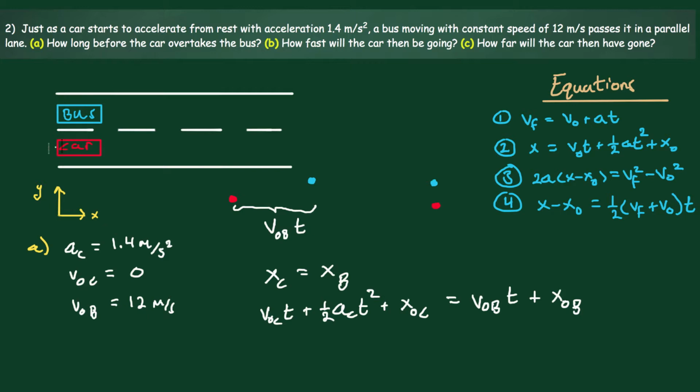So this is the initial starting point of the bus. Now we're taking this initial starting point to be 0, just to simplify the equation. Remember, the distance that they travel is relative to that starting point, so that starting point could be anything. However, the result is going to be the same. So we might as well choose the starting point to be x equals 0, okay? So we're just going to erase x0c and x0b because they're equal to 0.